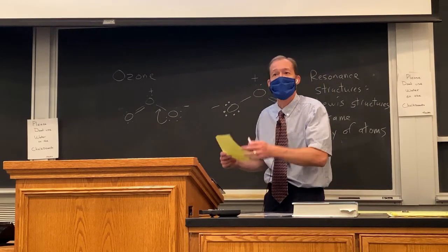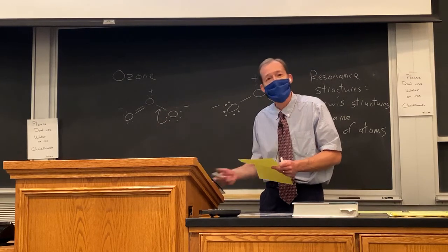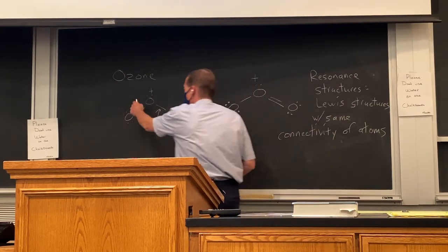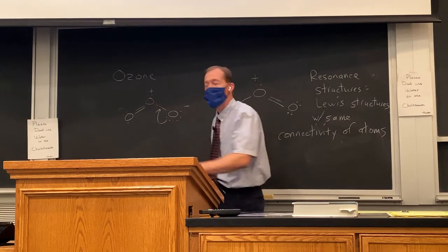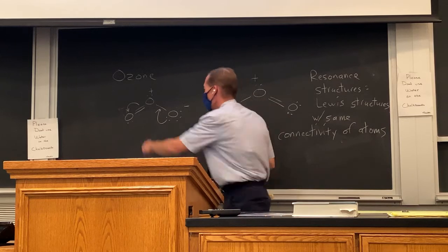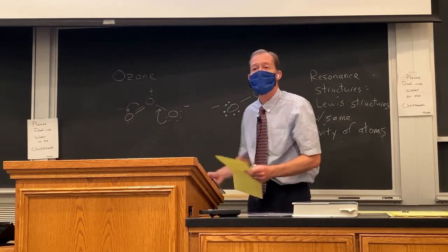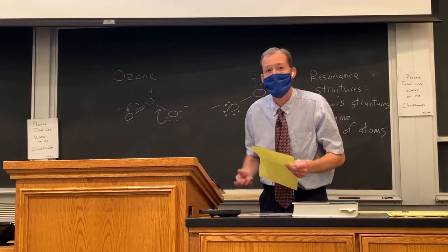But we couldn't just stop there because that would cause our central oxygen to exceed the octet. So we would have to convert the electrons in that pi bond or double bond into a lone pair on this oxygen. Okay? So we use curved arrows to show the movement of electrons.